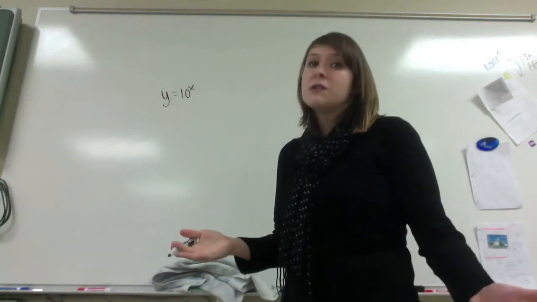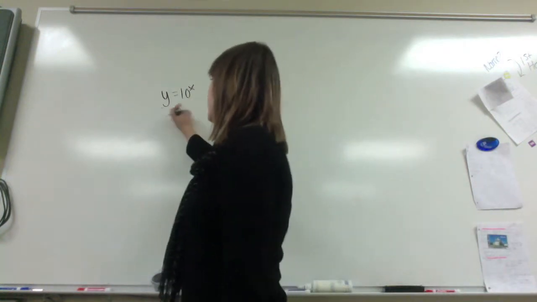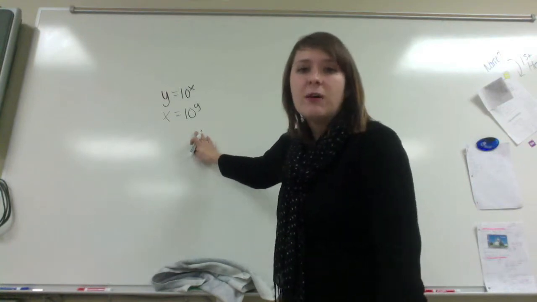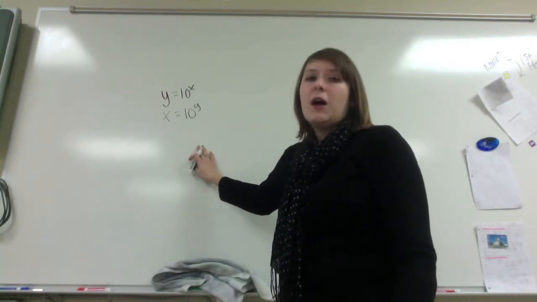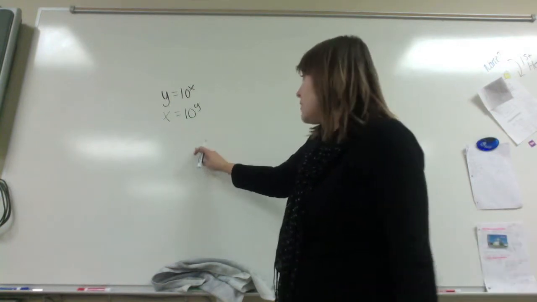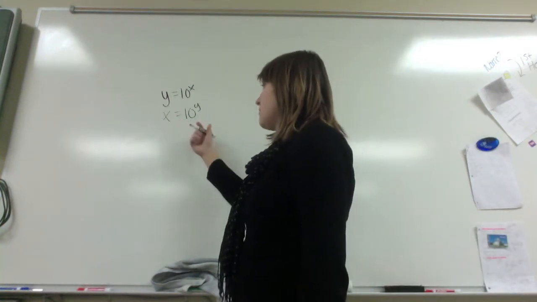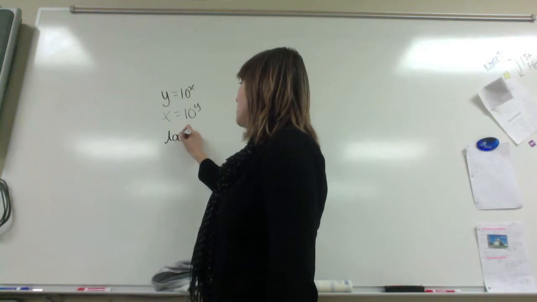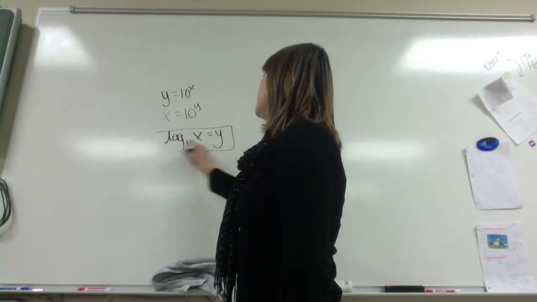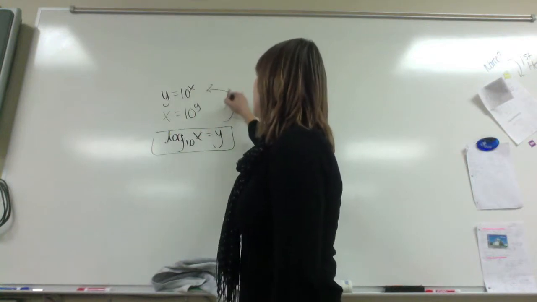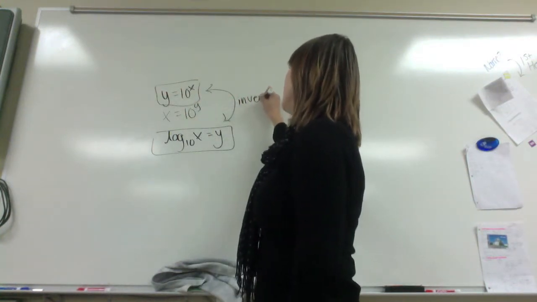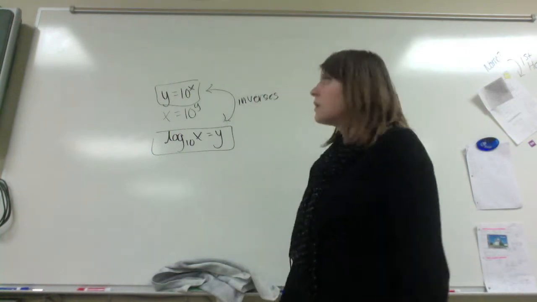What you can do is you can start by swapping the x and y. So you get x equals 10 to the y. Now the problem is if I want to solve this for y, well, I don't really know how to do that unless I use a log. So I can rewrite this in logarithm form, and I'll have log base 10 of x equals y. So this and this are inverses of each other.